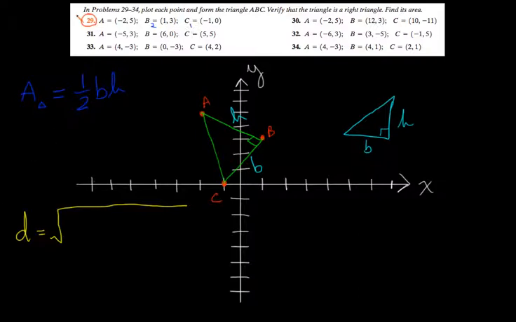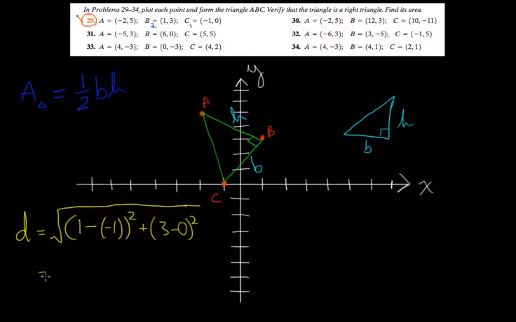So we should have x2 minus x1, which is 1 minus negative 1, squared, plus y2, which is 3, minus y1, which is 0, squared.